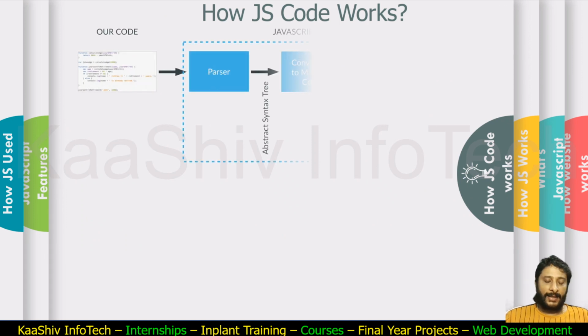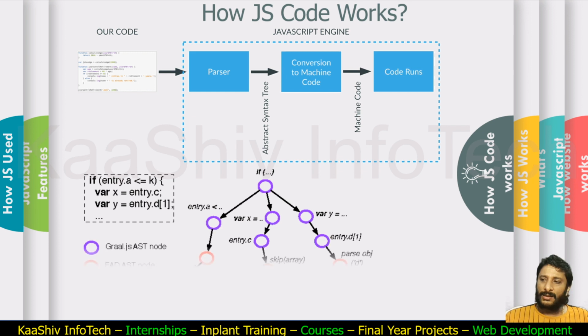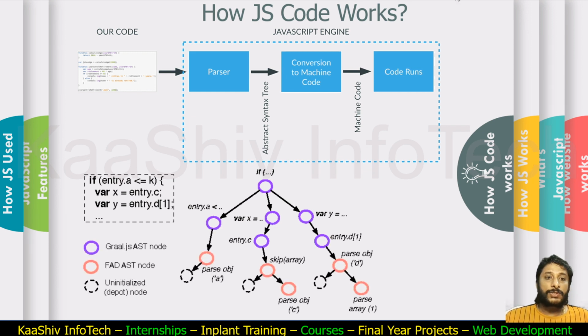Okay, so sir, I've written the code in English, sir. My computer understands zeros and ones, sir. How will my computer react? So your computer will read this code. That is done by your JavaScript engine. The JavaScript engine will read this code, and afterwards it will parse it. Your parser will take care of converting it into a tree format, an abstract syntax tree.